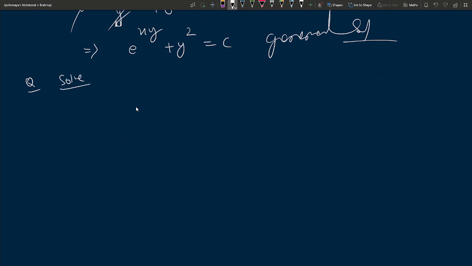Solve 9 into y minus 1 dy plus x minus 3 dx equal to 0, y of 3 equal to 0. So 9 into y minus 1 dy plus x minus 3 dx equal to 0.